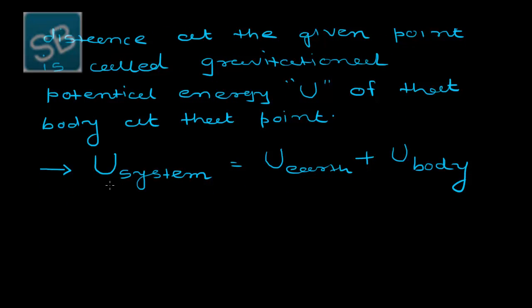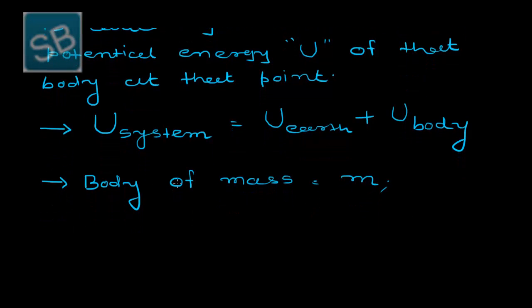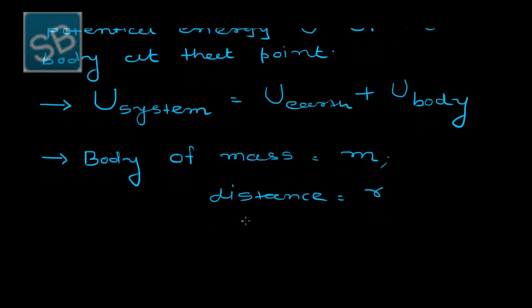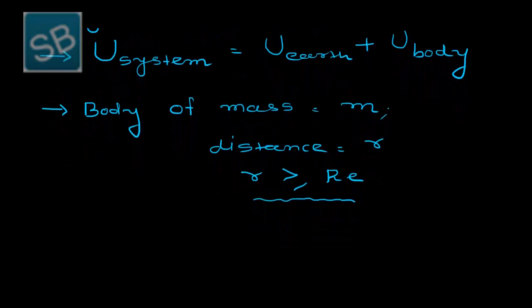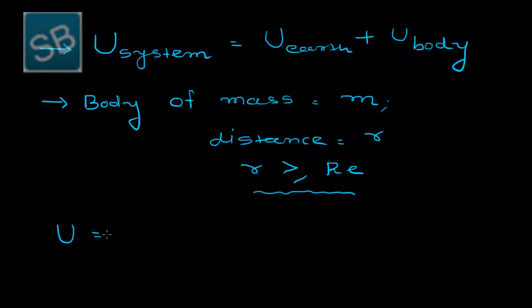Now if we consider this particular definition for a body of mass m, and this particular body is at a distance r from the earth center, and the distance is greater than or equal to the radius of the earth, so r greater than or equal to RE, this potential energy can be defined as phi into m.